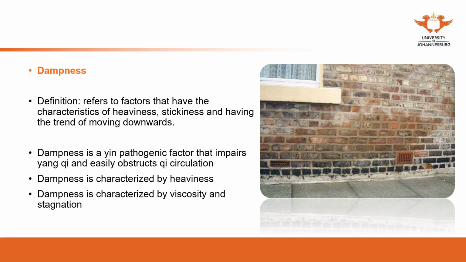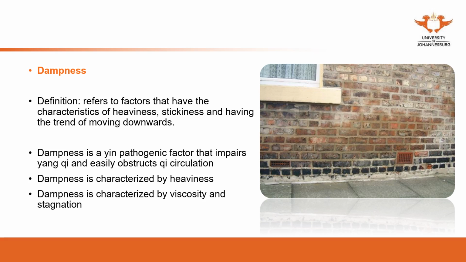Apart from the season, it can also happen to someone who lives in a very humid environment, like on the ground floor or even in the basement, or some fishermen who work in the water. They soak in the water all the time. All these long-term careers or long-term habits will cause dampness, and this dampness will affect our human health.